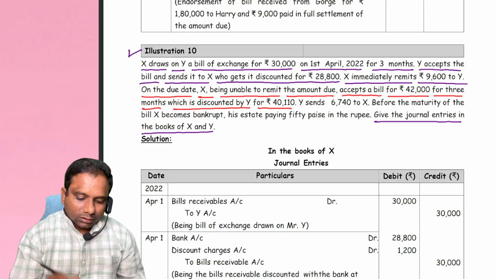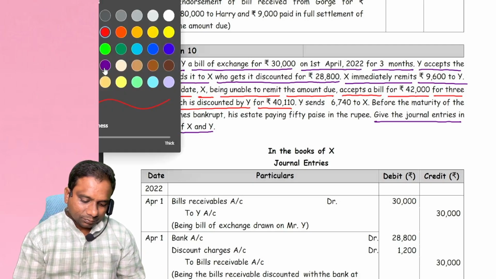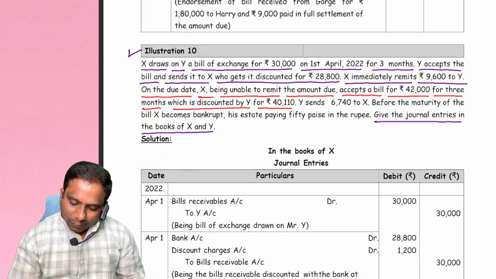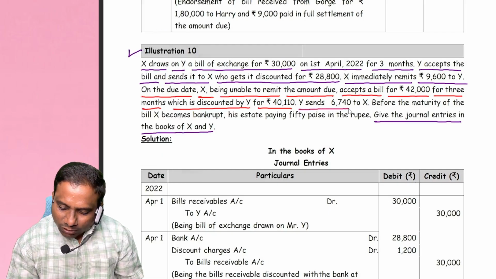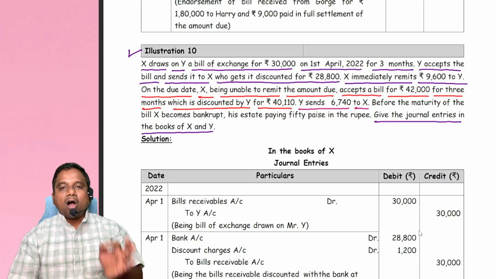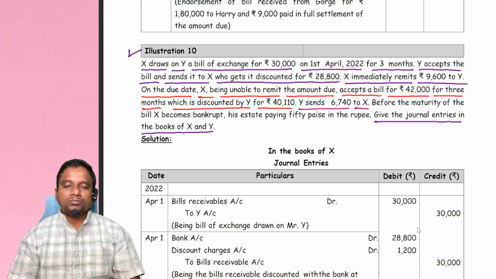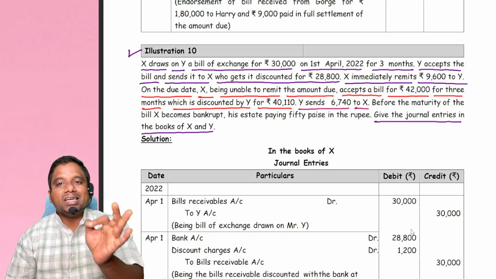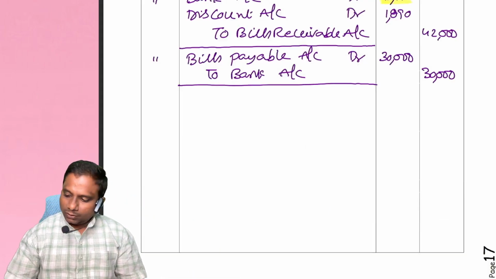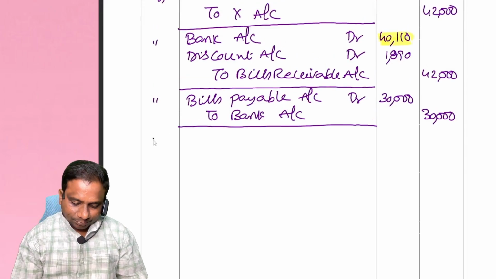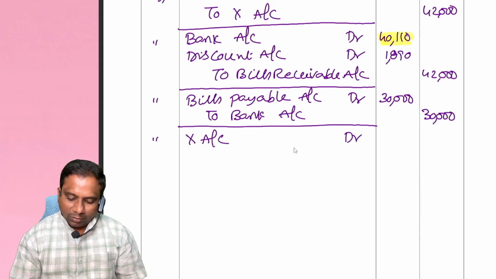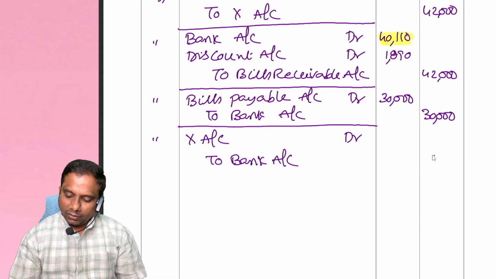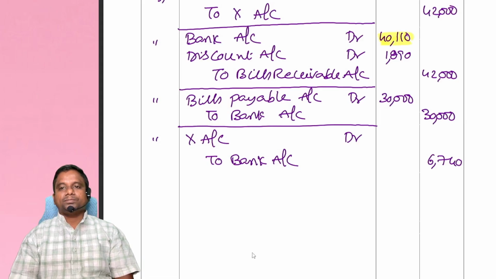Now continue the story. Next, what happened? Y sends 6,740 to X after meeting the first bill. Now Y is sending 6,740 to X. Entry first in the books of Y. X account debit to bank account 6,740.